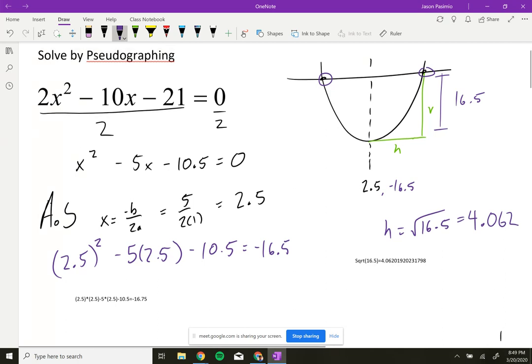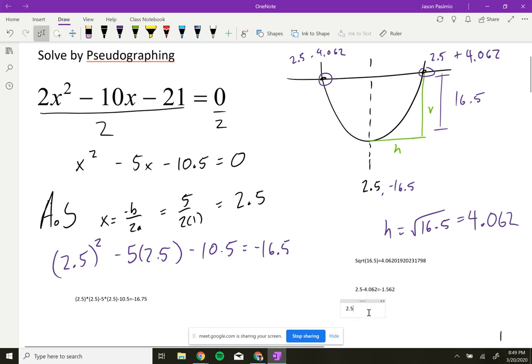So that means that this is going to be 2.5 plus 4.062. And this one's going to be 2.5 minus 4.062. So I can just type that into my cheater thing right here. 2.5 minus 4.062 is equal to negative 1.562.